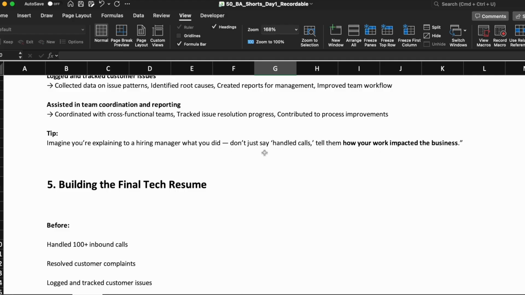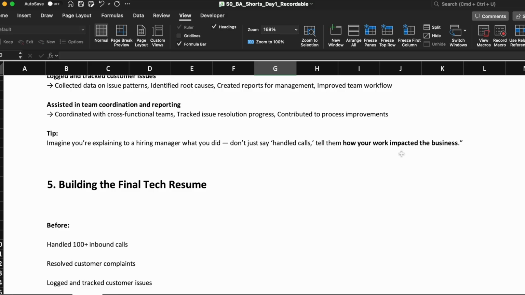Again, remember, don't say something like this. Tell how your work impacted the business and what skills you are using. Important: when someone is trying to hire a candidate, they look for the skills to complete the task. They have given you the job description, tasks that need to be executed, and what skills are required to complete those tasks.